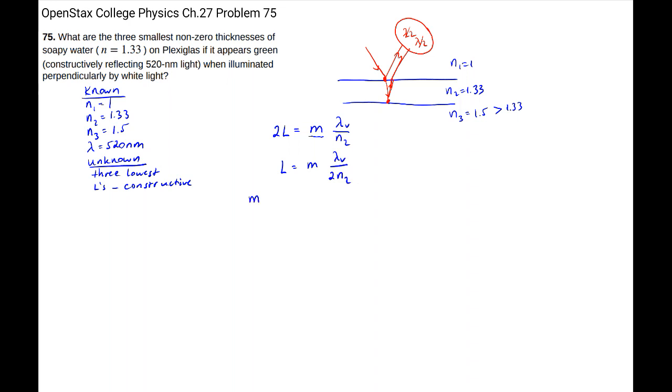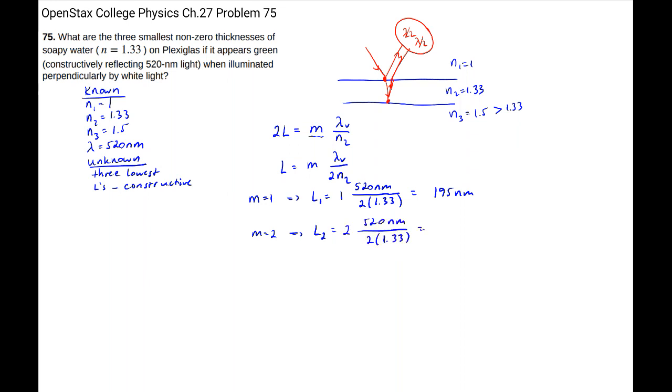So the lowest one is going to be m equals 1, in which case L1 will be 1 times 520 nanometers divided by 2 times 1.33. And if we plug in the numbers for this, we get 195 nanometers. Then for m equals 2, the second lowest thickness will be 2 times 520 nanometers divided by 2 times 1.33.